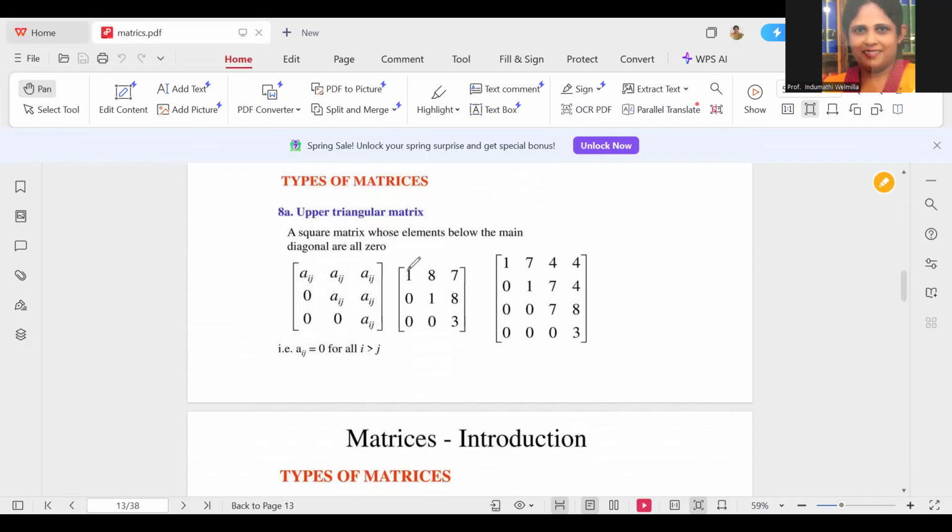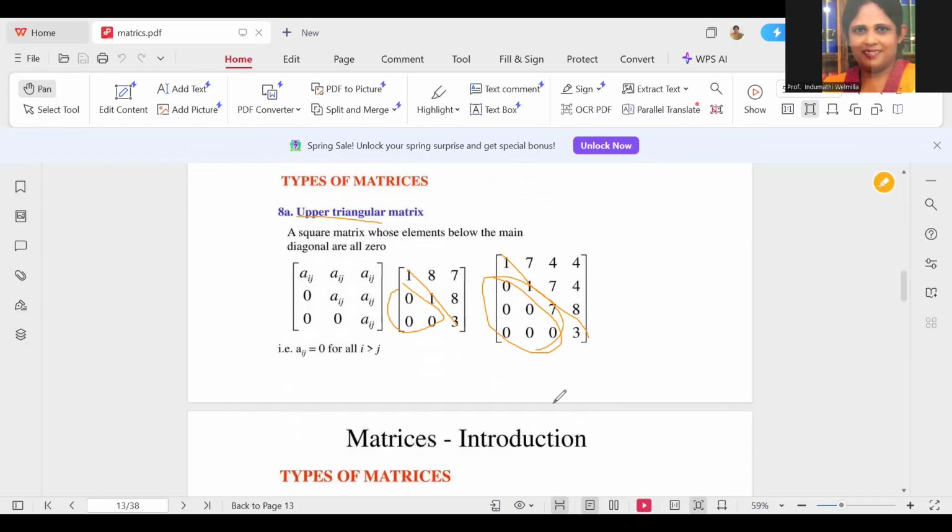So this is the main diagonal. Below part, all the elements in the below part are 0. Then we call it the upper triangular.